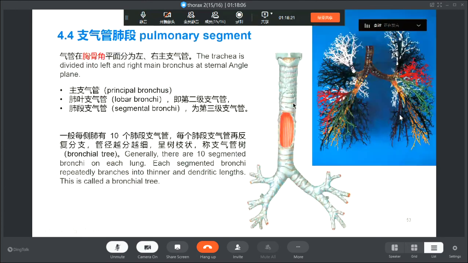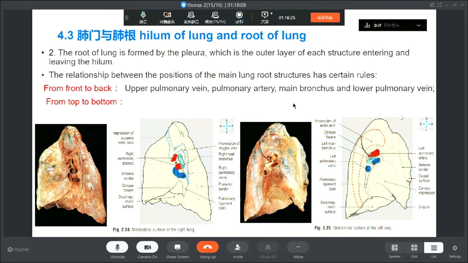In this course, I introduced the rest of the content about the thoracic root, and also the pleural cavity, the pleura, and the lung. Please review this content I taught.